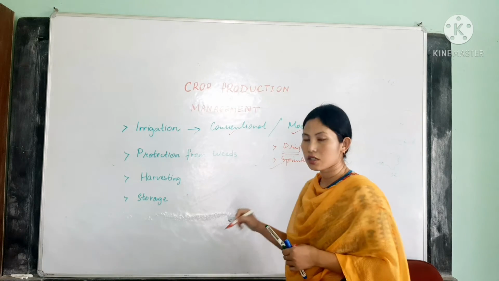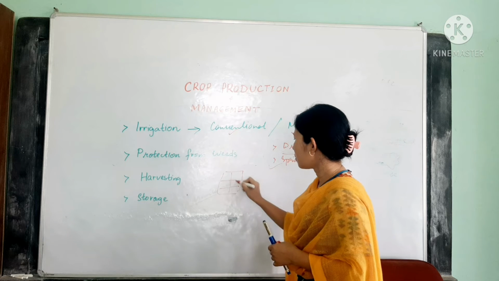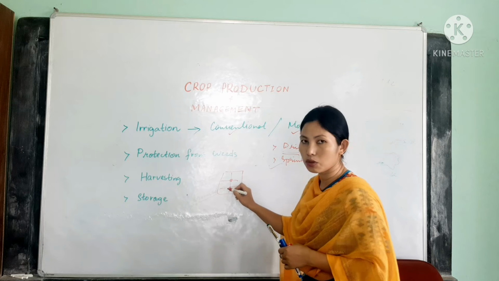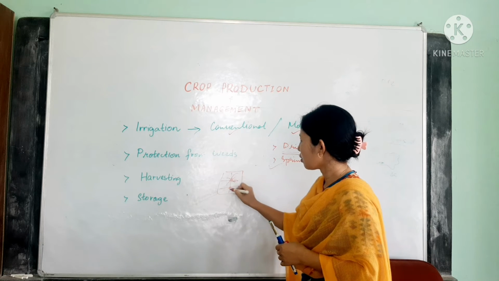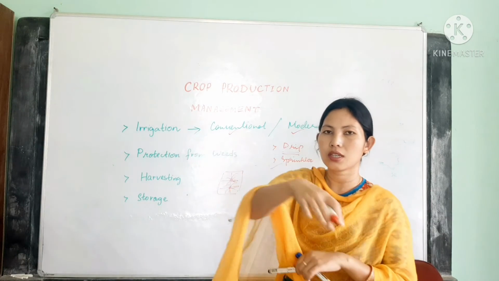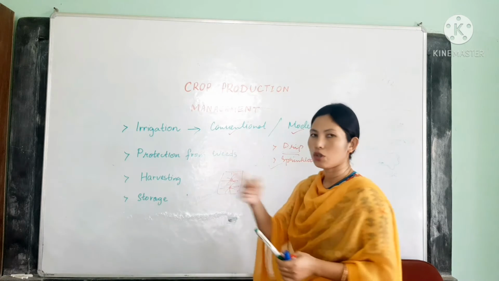Whereas in the sprinkler system, in the middle of the field there will be a sprinkler, right? This sprinkler has a nozzle, and through the nozzle it rotates and supplies water to a certain area or to some distant radius. The water is sprinkled through the rotating nozzle.